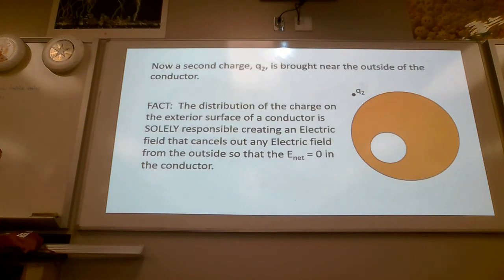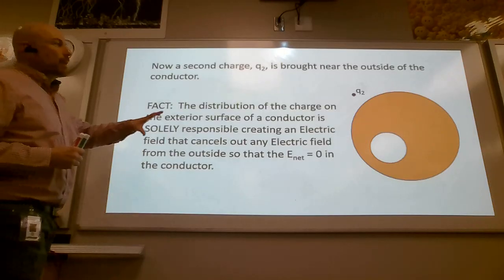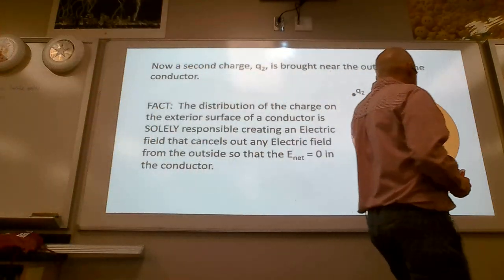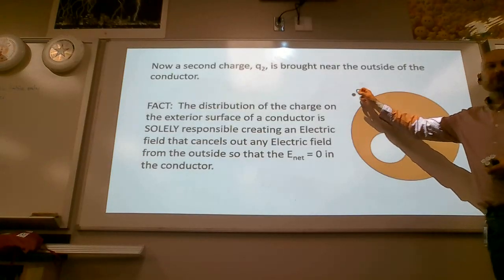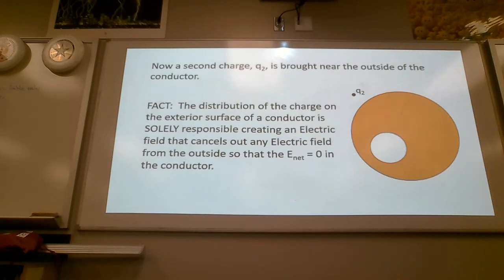So how the charge distributes on the outer part is solely responsible for canceling out the electric field that's produced on the outside. And this is the other half of shielding. This is why when you have electronic components shipped to you, they arrive in plasticky metallic packaging.